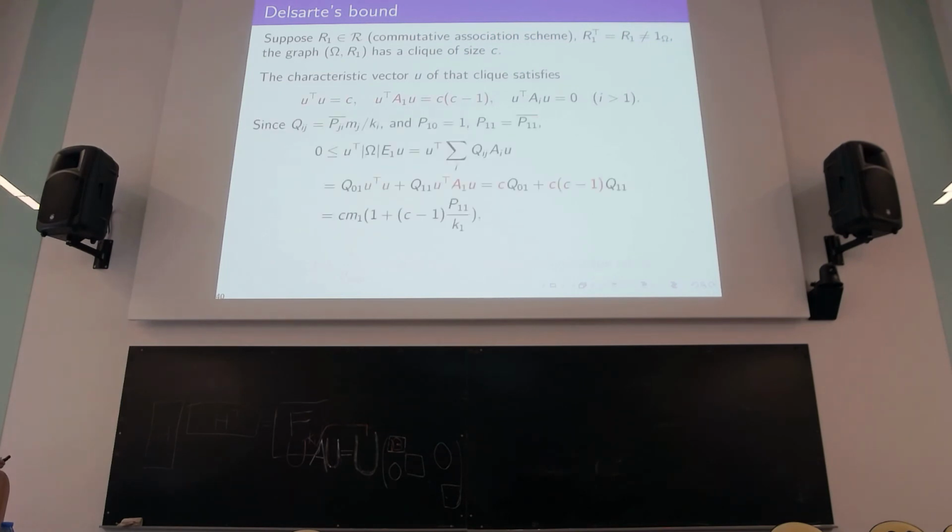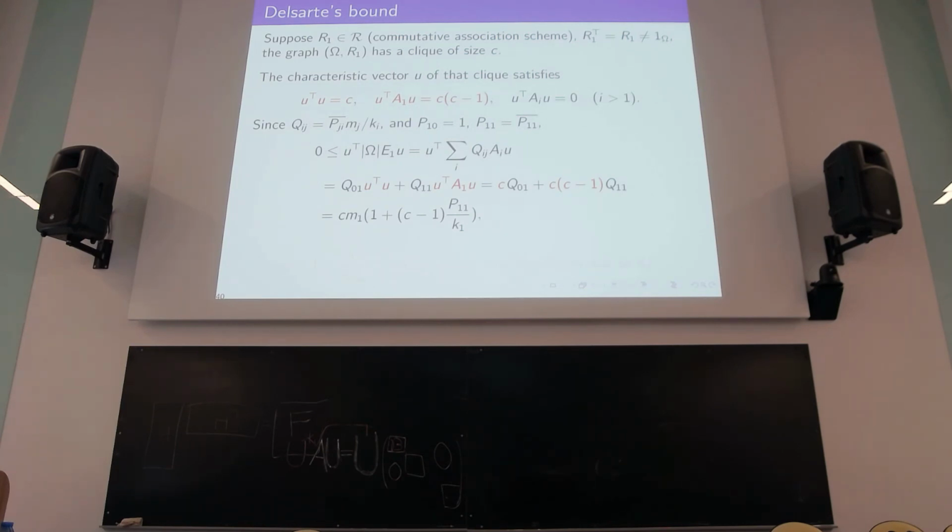If you use this vector and compute this product, remember E_1 is an arbitrary idempotent of the adjacency algebra. So it is positive semi-definite, so the product is non-negative.